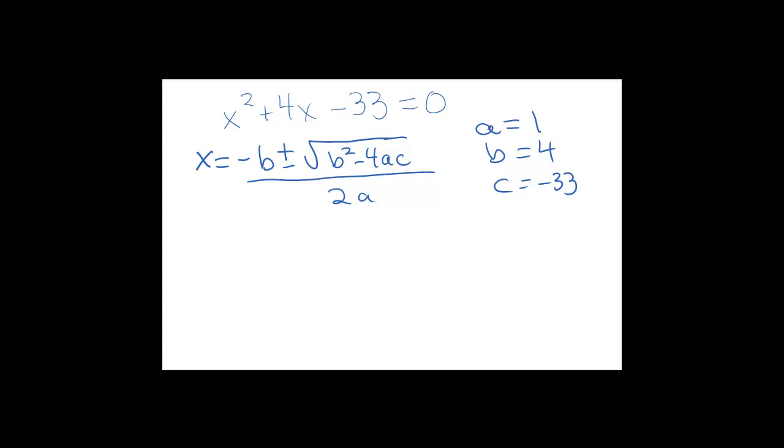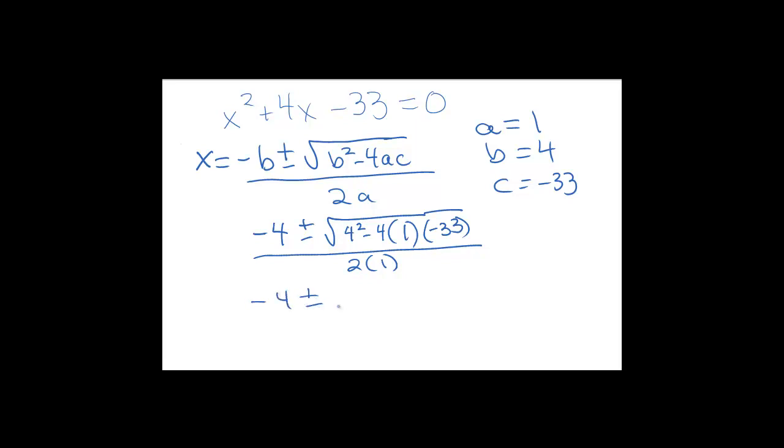So we're going to do -b plus or minus square root of 4 squared minus 4 times A times C, all over 2 times A. So we have -4 plus or minus 4 squared gives us 16. 2 negatives in there will be plus, and that gives us 148. All this is over 2.